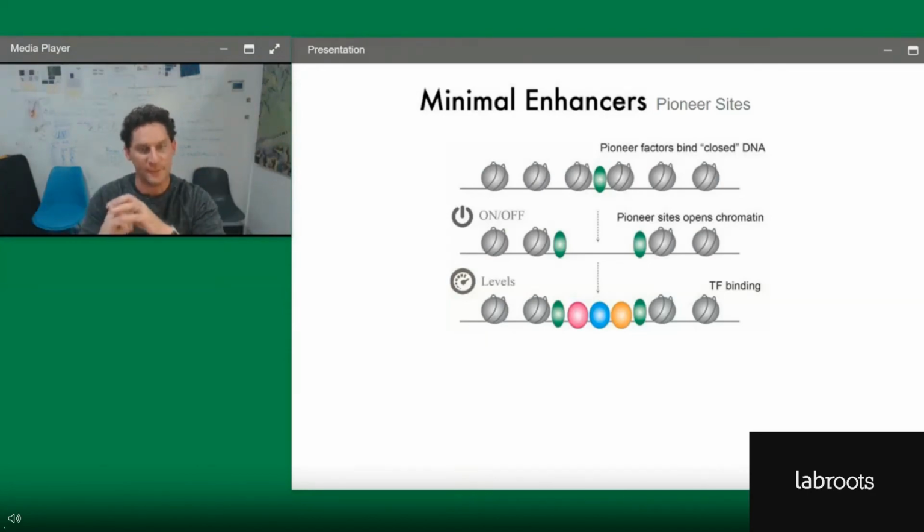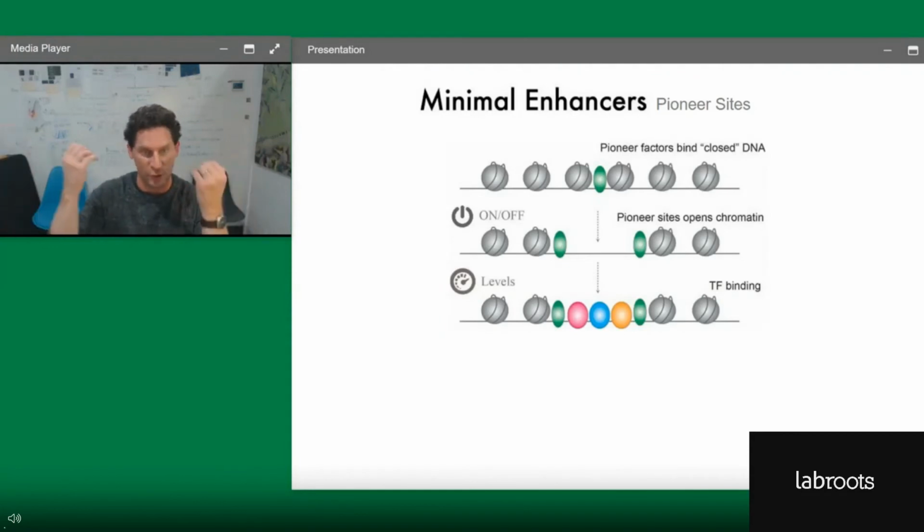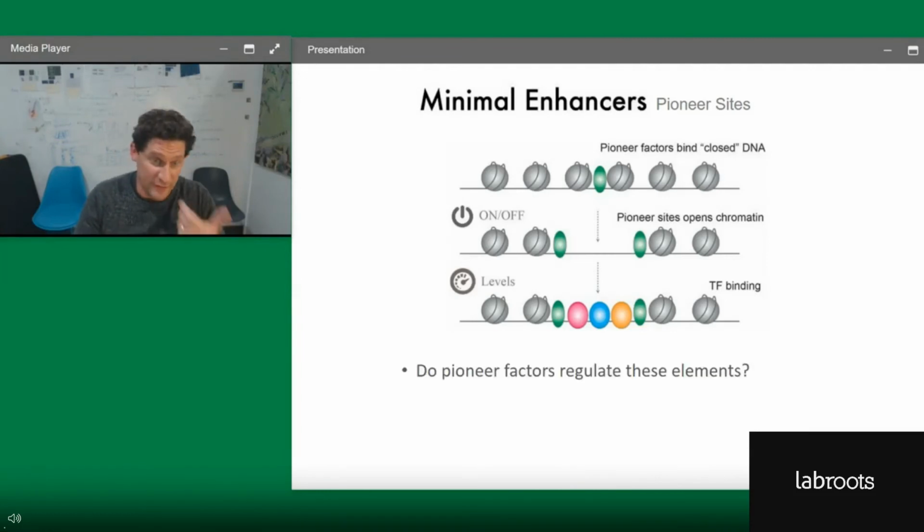So maybe what these particular motifs associated with active expression are doing is they're binding sites for a class of factors that have pioneer factor activity, where they can bind, open up DNA, and then let everything else bind to it. And we think that this is potentially what's happening because you need these two different classes, one that's controlling the on-off state, and the others dictating the levels or where you're being expressed, right? So we're curious then, very simply, do pioneer factors regulate these elements?